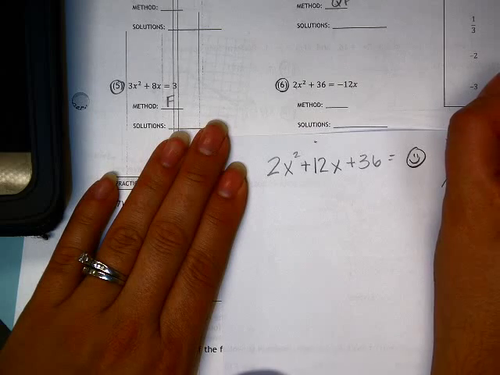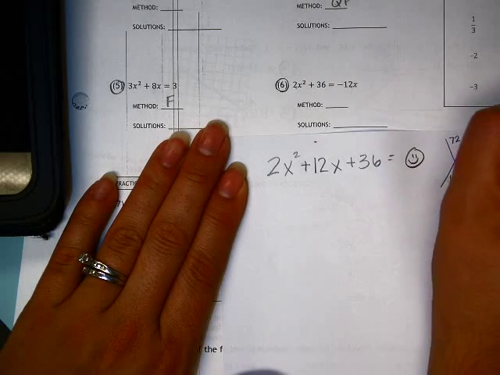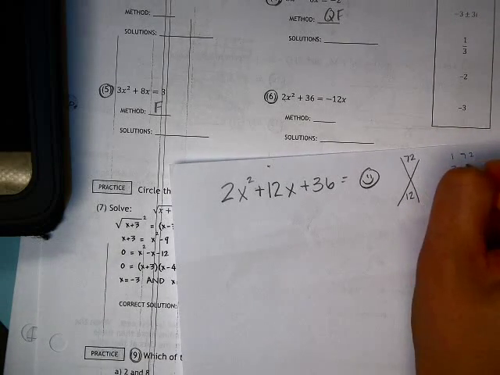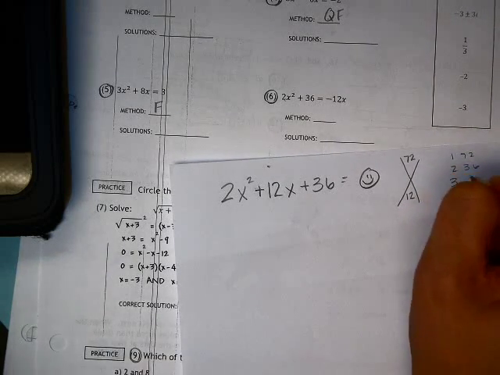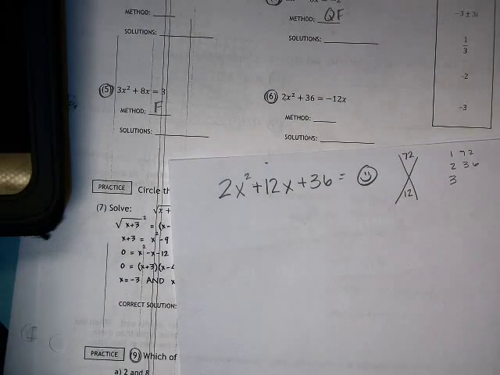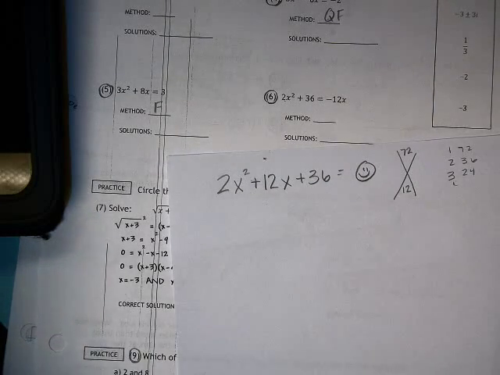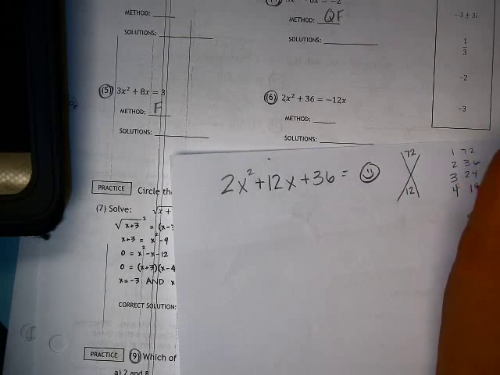You do what? 72 and 12. So factors of 72, 1 and 72, 2 and 36, 3 and, I don't know, 72 divided by 3 is 24. No. 4, 72 divided by 4. Yeah. 4 and 18.